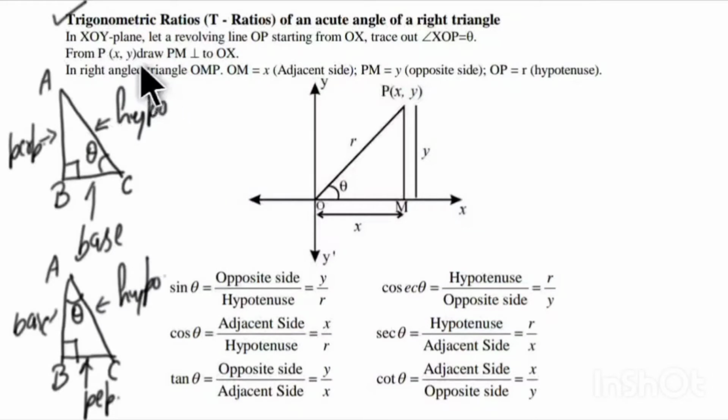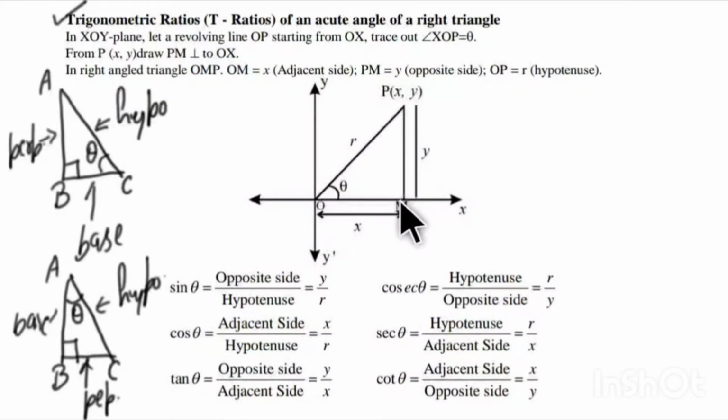Now we will see the T ratios. In the XOY plane, let a revolving line OP, starting from OX, trace out angle XOP equal to theta. From P, draw a perpendicular PM to OX.